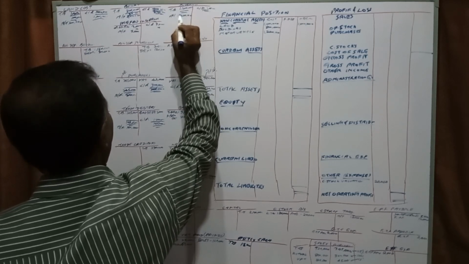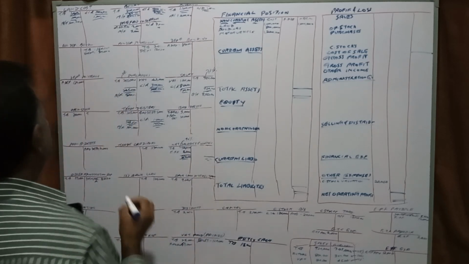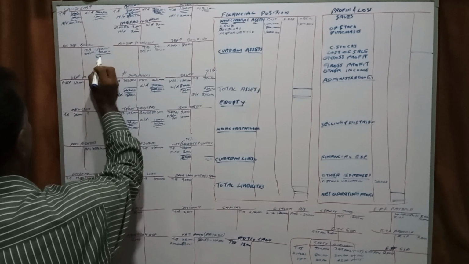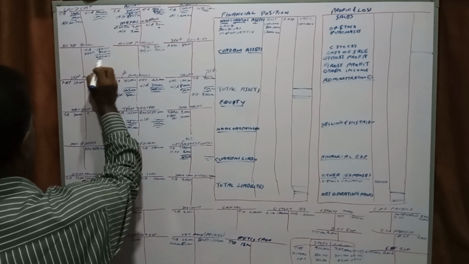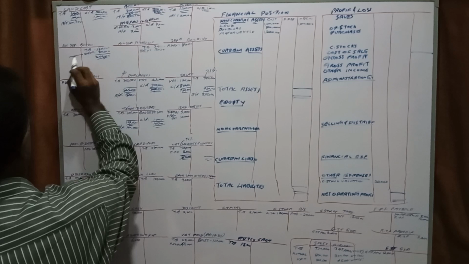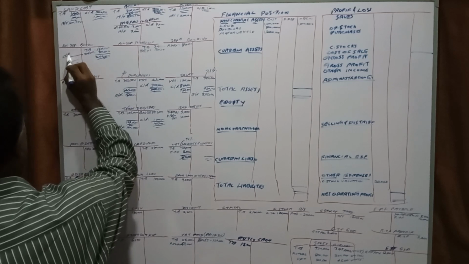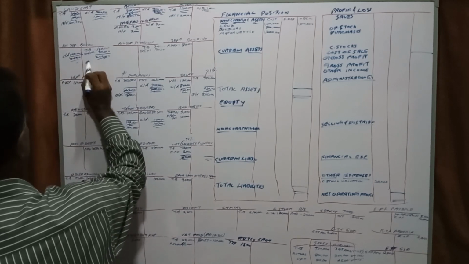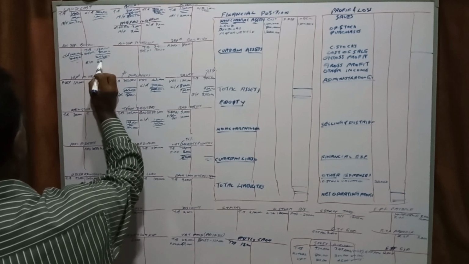Like that you have to balance it. Here accumulated depreciation 240,000 carried down and brought forward 240,000.